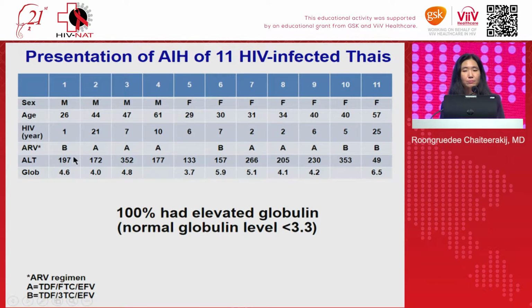For ALT elevation, most of them had about 200 to 300. And for globulin level, all of them had elevated globulin. So again, if you see HIV patients with elevation of ALT and elevation of globulin, please think about AIH for differential diagnosis as well.